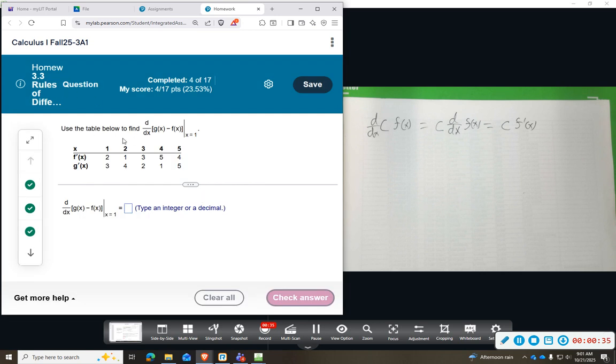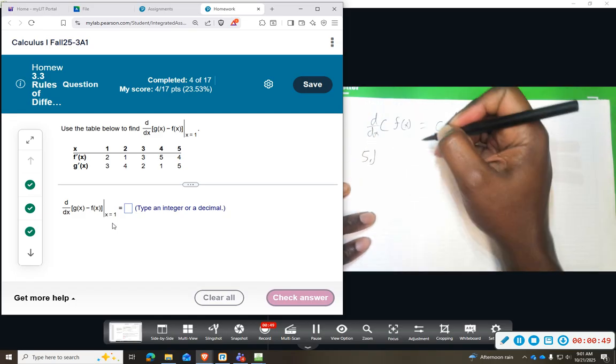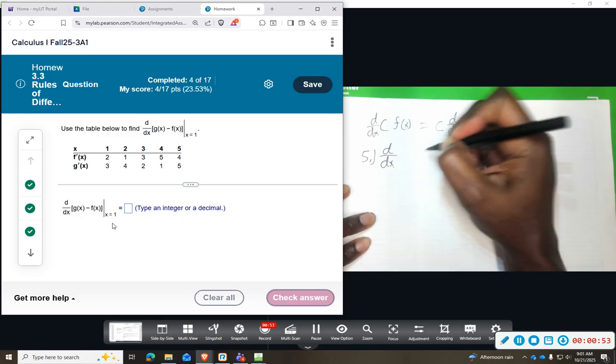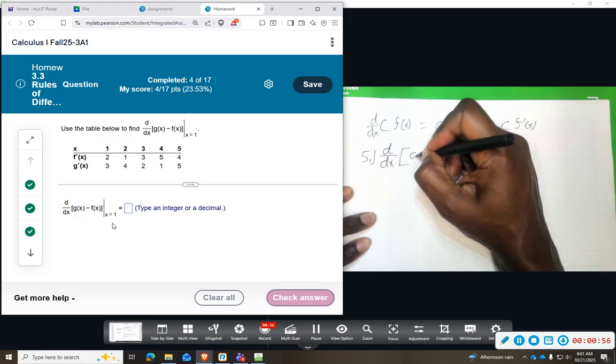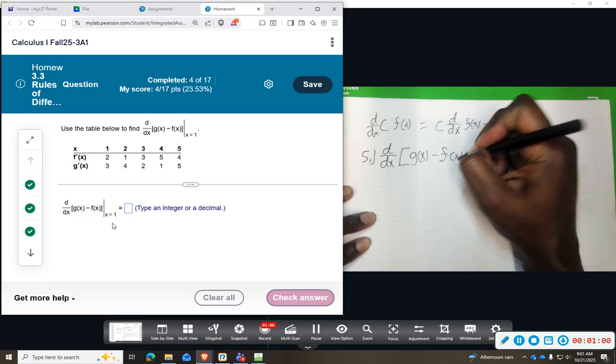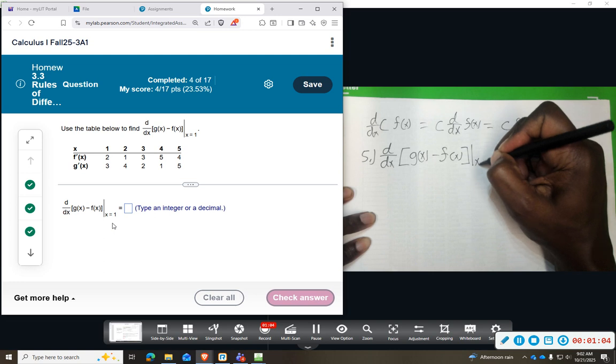All right, so this is a table. We want to use this table and then evaluate the derivative of g of x minus f of x at 1. Okay. So this notation, d/dx, we have g of x minus f of x, and we're going to evaluate this when x equals 1.